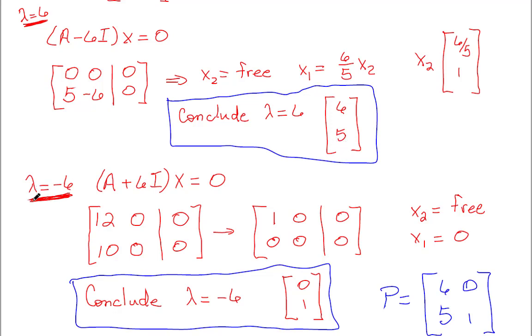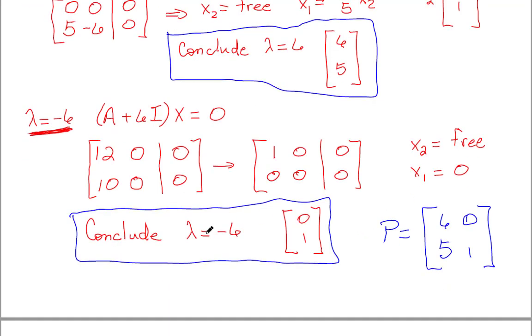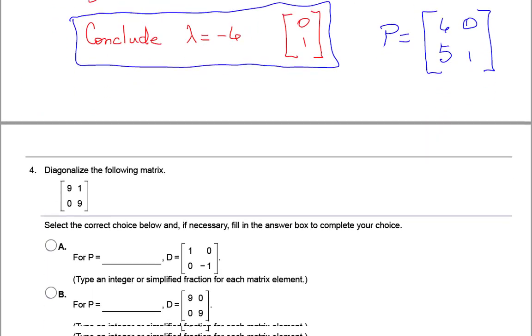Repeat the process for lambda equals minus 6. Again, not a lot to try to solve. I get x2 is free, x1 is 0. So in that case, for lambda equals minus 6, I get 0 and 1. And so here is P, the P that's multiplied by D times P inverse, and that will diagonalize matrix A.